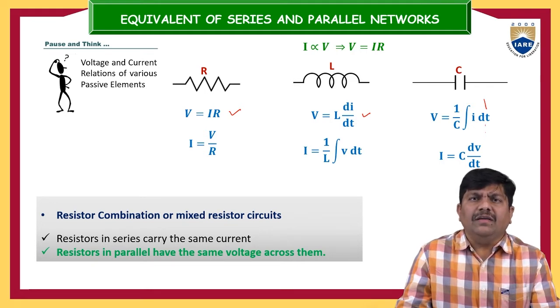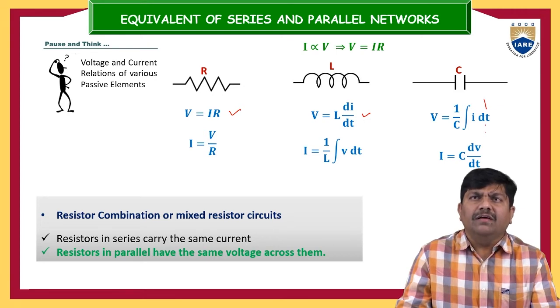Similarly, identify how many are connected in parallel and reduce them into a single element whose value is the equivalent of all the elements connected in parallel. Like this, we reduce complex electrical networks into a simplified electrical network.